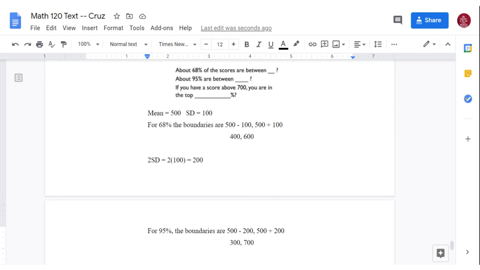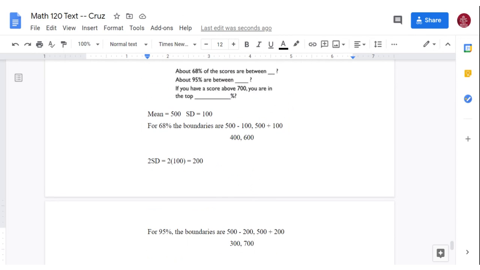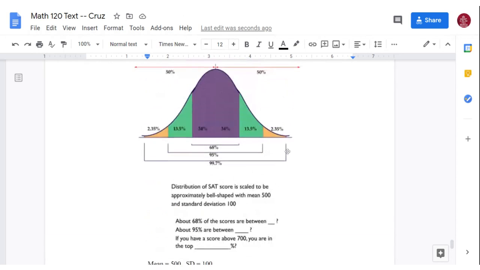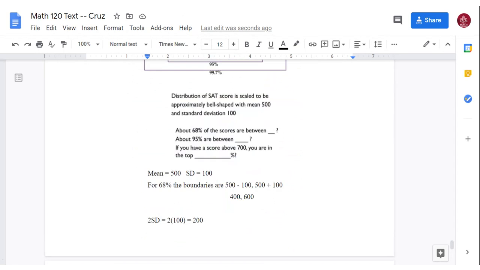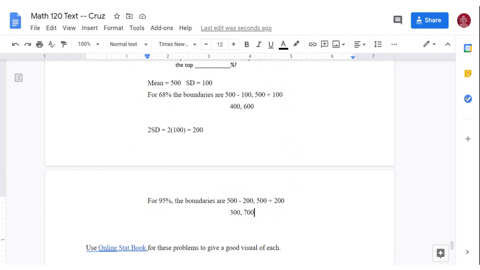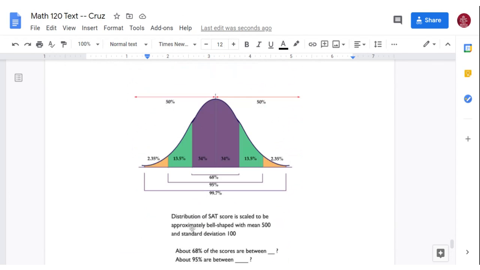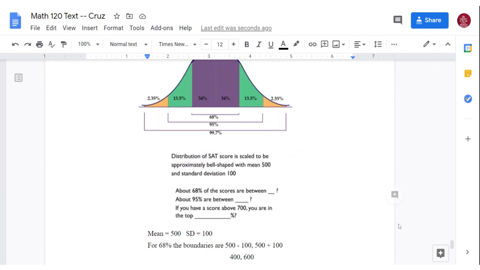All right. We're going to see the answer to this by simply looking at the graph that we talked about, that 700 is the upper boundary for 95%. So the answer to this third question is, if we've got a score of 700, then we're in the top 95%.